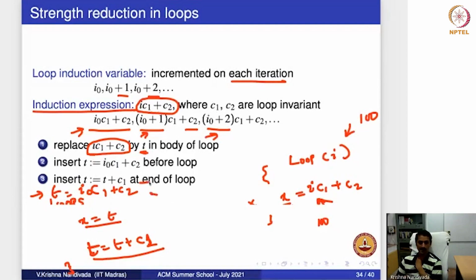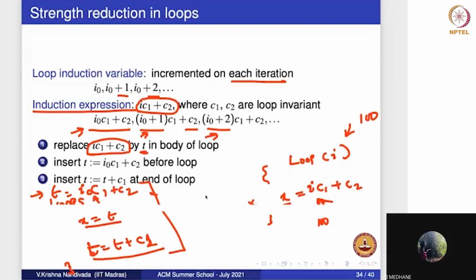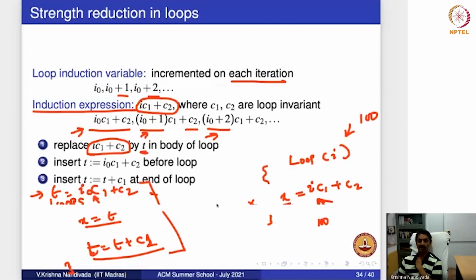Here, how many multiplications do I have? Only one multiplication here. How many additions do I have? 100 plus 1, 101. So I replaced 100 multiplications and 100 additions with 101 additions.